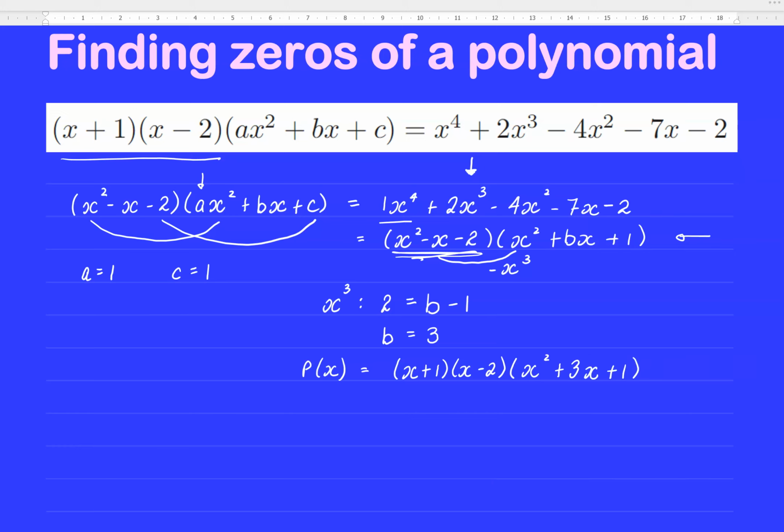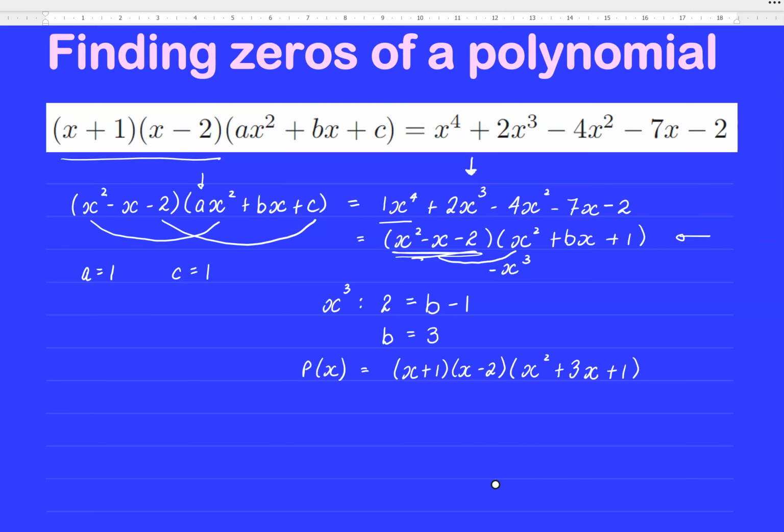And now, it depends on what the question has asked. So if the question said fully factorize it, we check here. I can see pretty quickly that there are no factors of 1 that add up to give me 3. Okay, so not going to happen. I can't factorize it any further, so that would be it fully factorized.